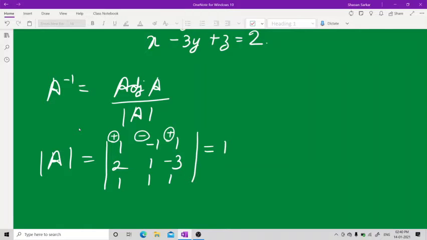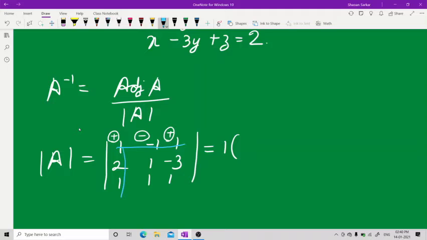You have 1, you hide the first row and the first column. So what you have got is 1 into 1 and -3, plus 3, that is 1 plus 3.